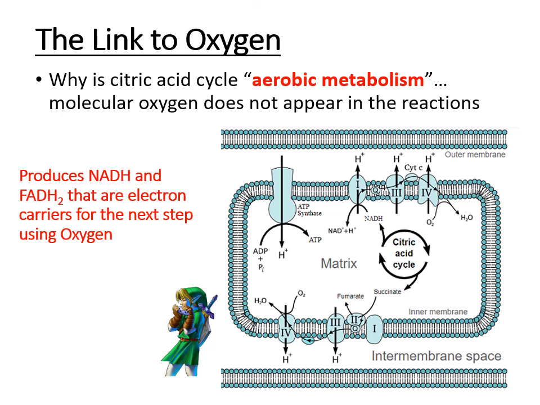That's the next step. And so they're basically handing off electrons to oxygen in those next steps that we're going to talk about. And so that's why the citric acid cycle is considered to be aerobic. So even though you're not directly seeing molecular oxygen in the reactions we talked about, you're seeing the citric acid cycle as part of a big aerobic process because its NADH and FADH2 are then electron carriers for the reactions that do have molecular oxygen in them.